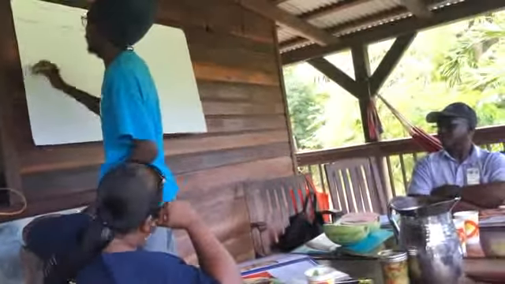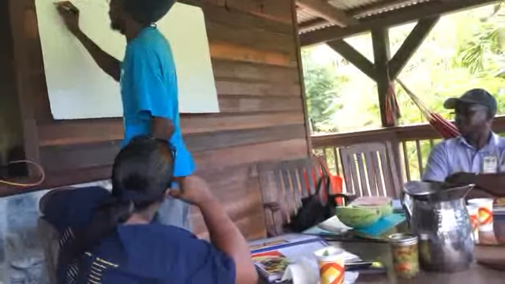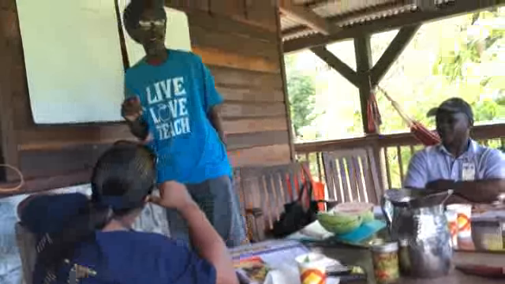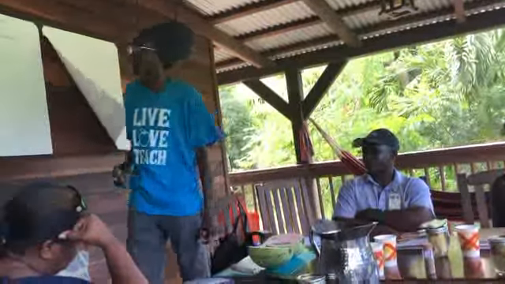So one, and then we cut that one into two pieces. What is the value of each piece? 1/2. The value of each piece is 1/2.